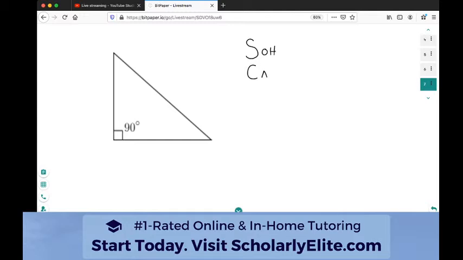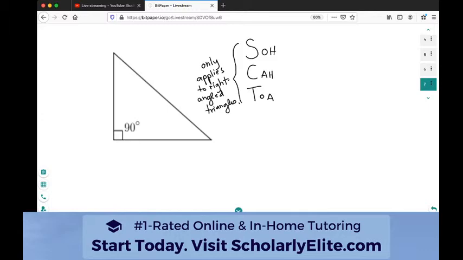Now, SOHCAHTOA only applies to right angle triangles. So what is a right angle triangle? It's a triangle that has a 90-degree angle in it.